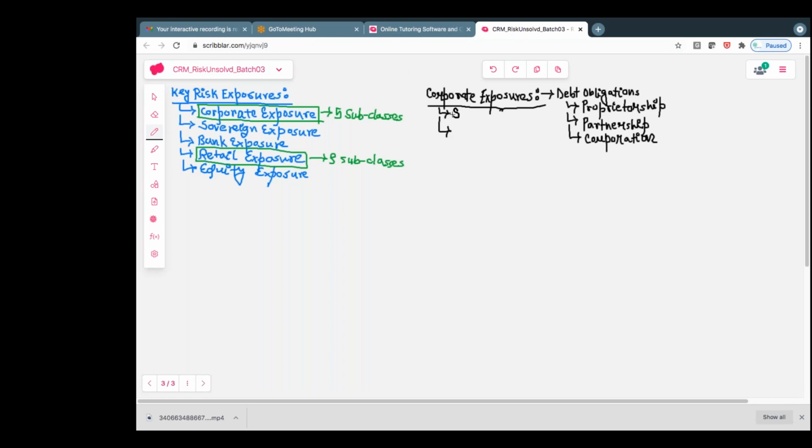So one is the small and medium enterprises. The small and medium enterprises. And the next part that I have over here are the corporates.